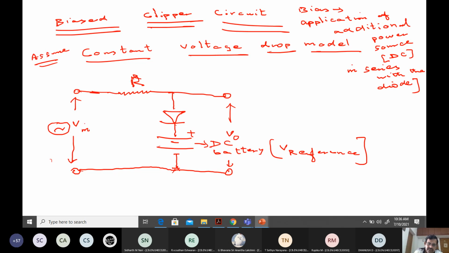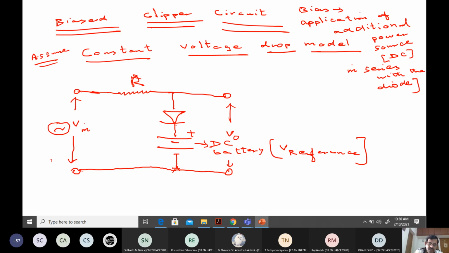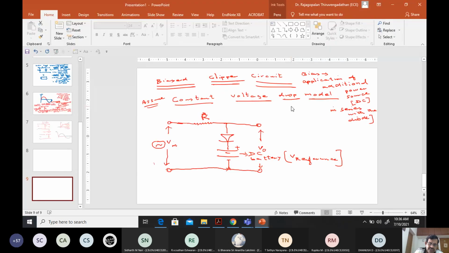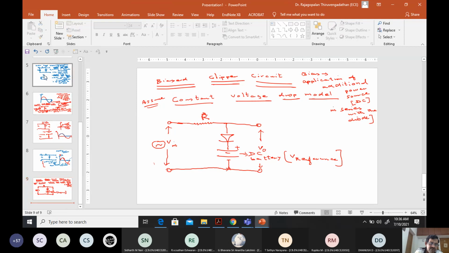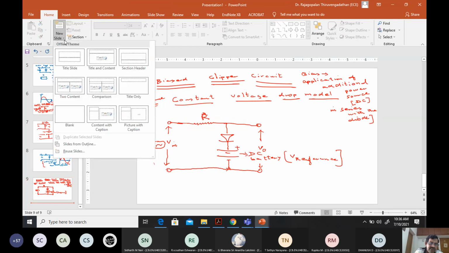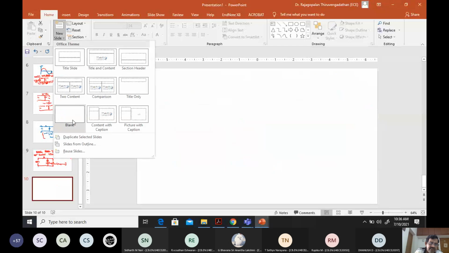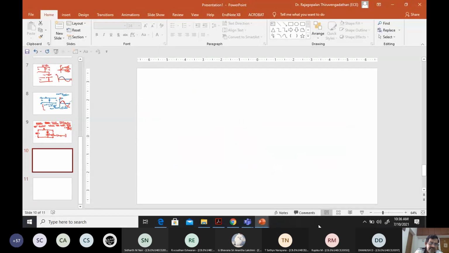Once this example is understood, you can replicate this understanding to any other circuit with this DC bias. Bias means application of an additional thing. I will redraw the circuit here so that you understand carefully.